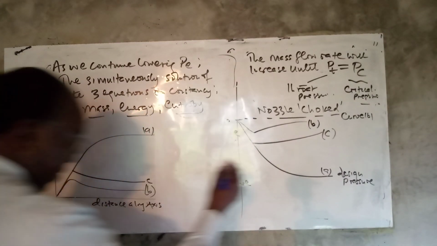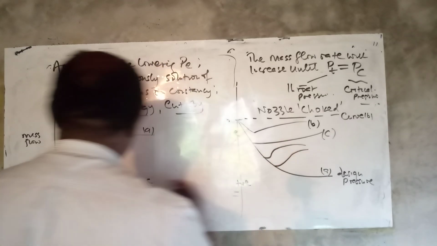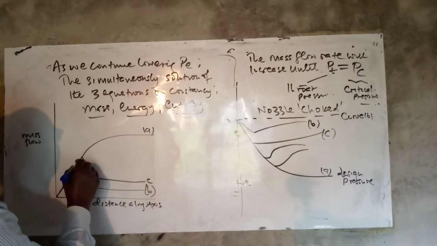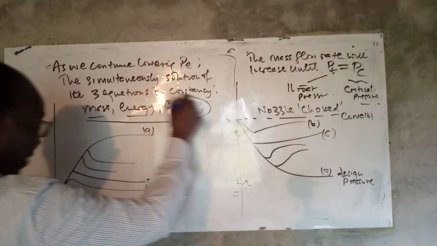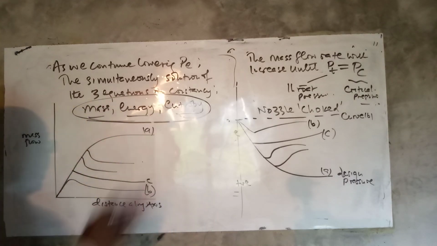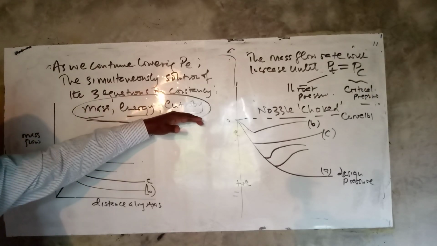As we lower PE further, we get more erratic profiles, because it is very difficult for this to be fulfilled. That is mass being constant, energy being constant, and entropy being constant.